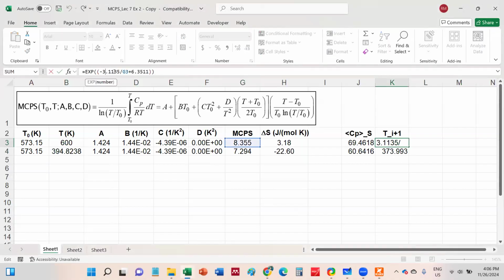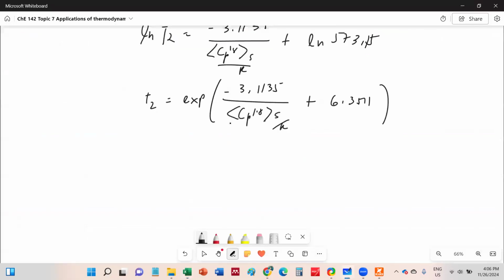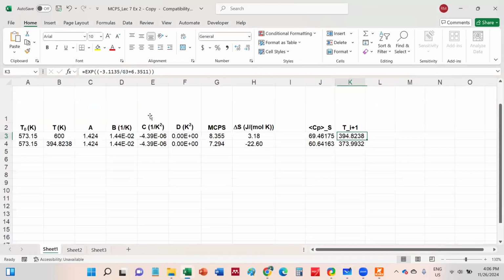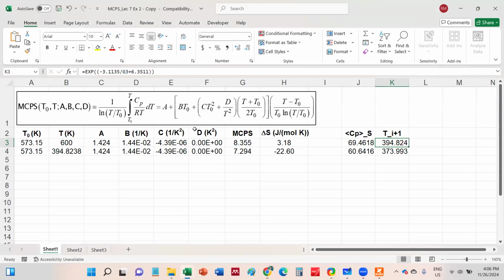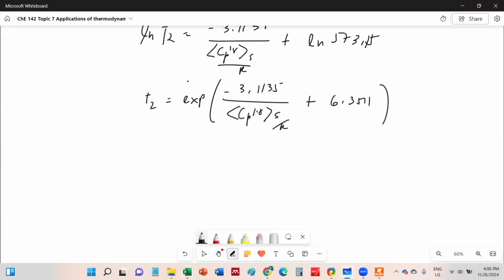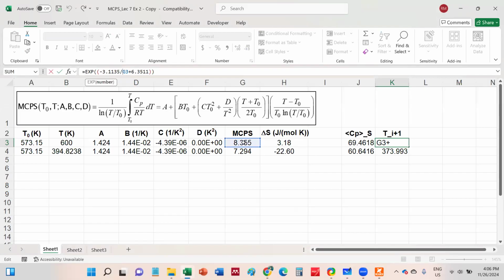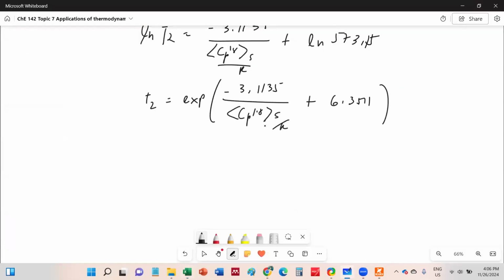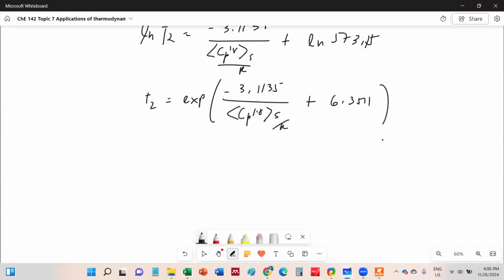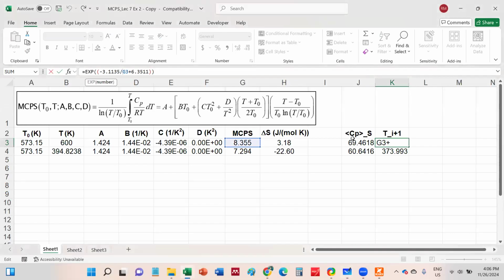So as you can see, right? Can you see it? Okay, so let me zoom in. Unfortunately, I can't zoom in the formula box. So this equation, I typed it here. So 3.1135 divided by the CP, the MCPS. So CP over R is MCPS plus 6.3511.